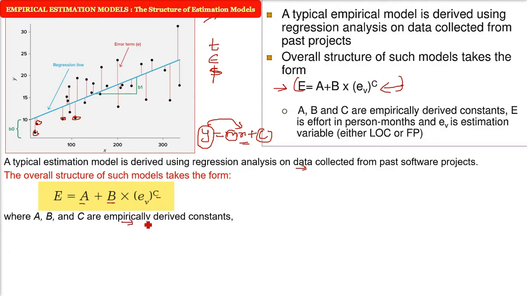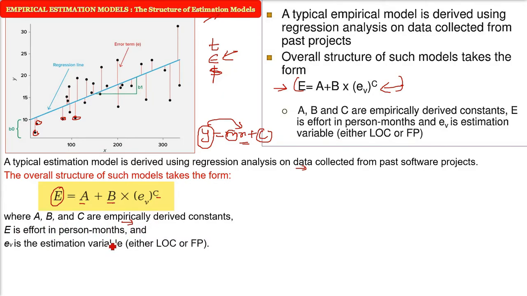That means with respect to past experiences, these A, B, C are derived. What is the E here? E is the effort in person-months. The effort means how many people you have to take, what effort you have to put in to complete the project. So E is always in person-months.